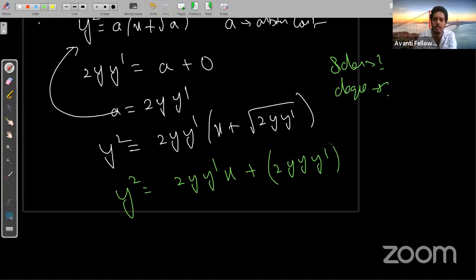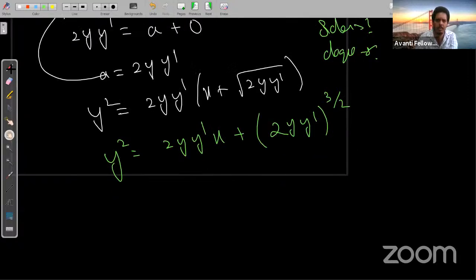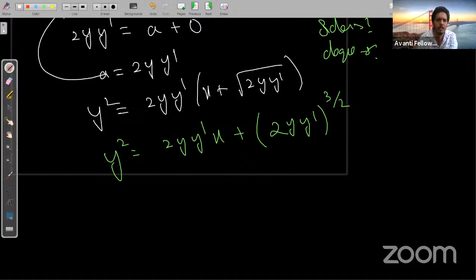Sorry, it is only one y. Yes, 2y dash whole power 1 by 2 plus 1 is 3 by 2. So if I rearrange this, what I'm getting? y squared minus x into 2y dash is equal to 2y dash whole power 3 by 2.